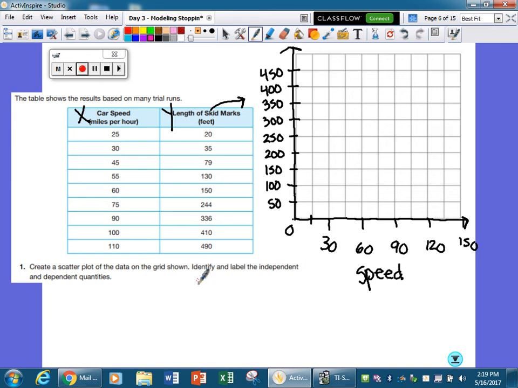And again, use your best estimation for these because you can't be perfect. 25 and 20. So I go over to 25 and then up to about 20. 30, 35, 45, 79, 55, 130. And notice how my graph is increasing. 60, 150.